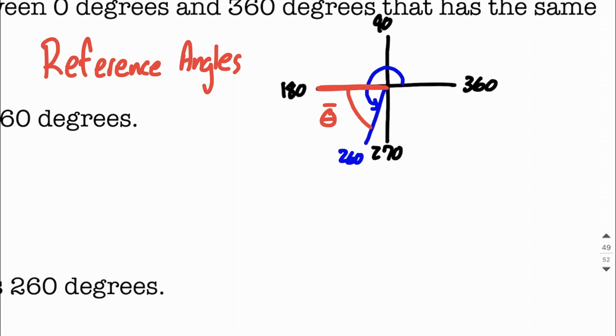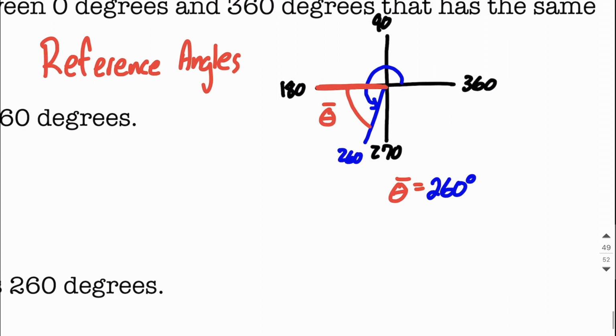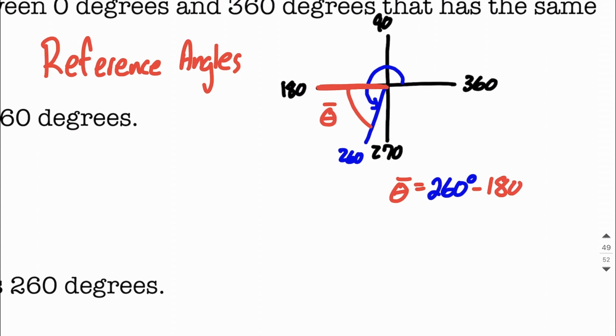So to calculate what theta bar is, you take the longer side, the 260, and you subtract away the shorter, in our case that's 180, and whatever this difference is going to be exactly what our reference angle works out to be. So 260 minus 180 works out to be 80 degrees. So it's 80 degrees for our reference angle.